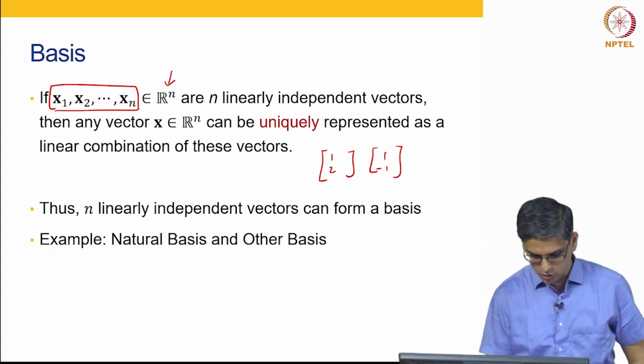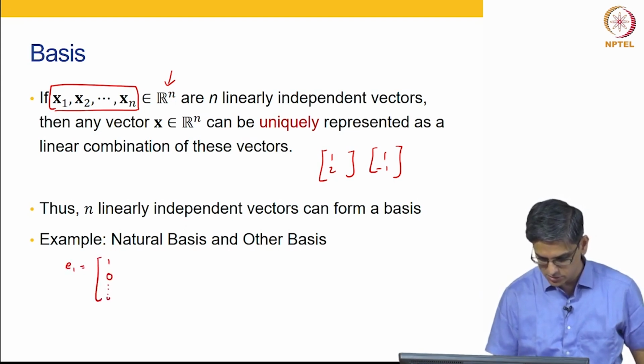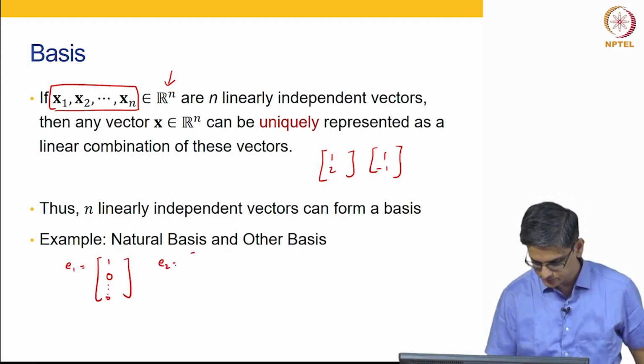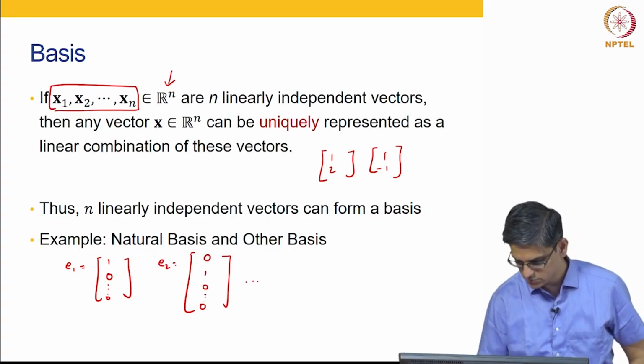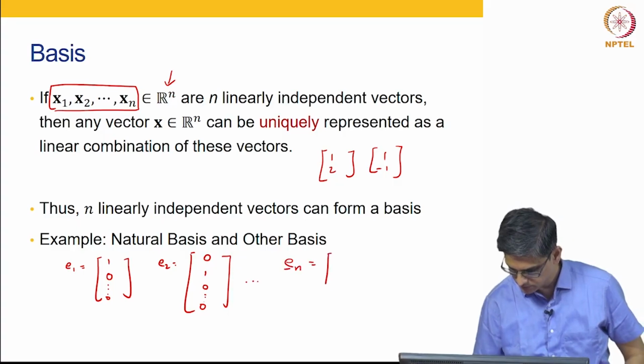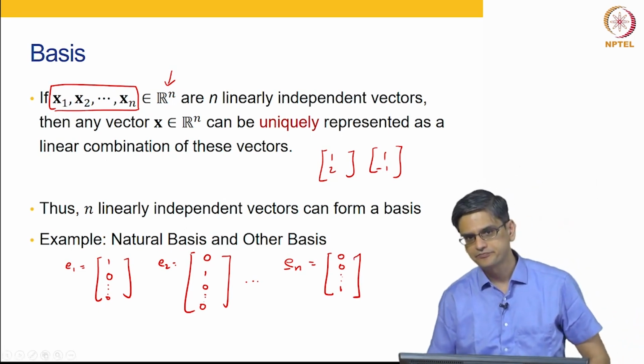Okay. So, the natural basis, for example, is [1, 0, 0], [0, 1, 0], and so on. These are called natural bases. Okay.